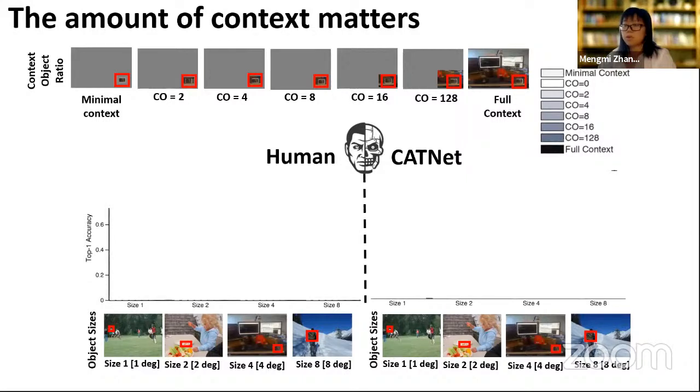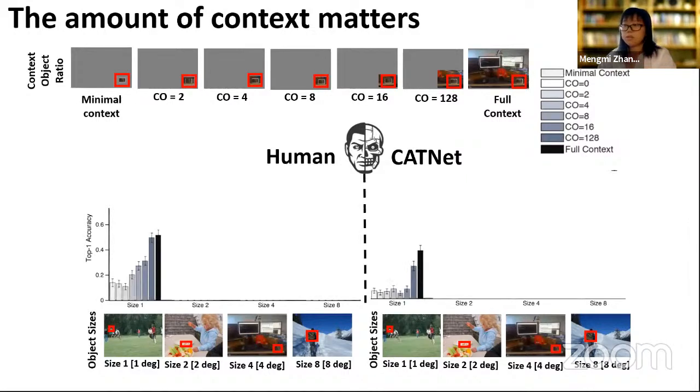So here I'm showing a few examples of the same image, but with different CO ratios. Some combinations of the target object sizes and large CO ratio values might not be possible. For example, if you have a large elephant in the image, then a CO ratio of 128 is not possible.